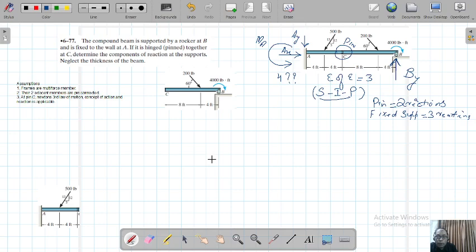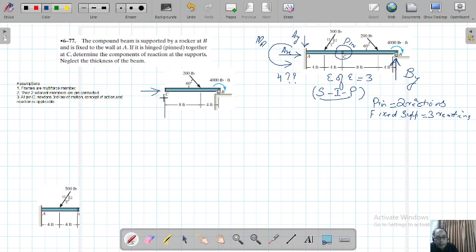So we will start from CB. If we start from CB, it will be easy for us to apply the equations of equilibrium. We will assume the direction.